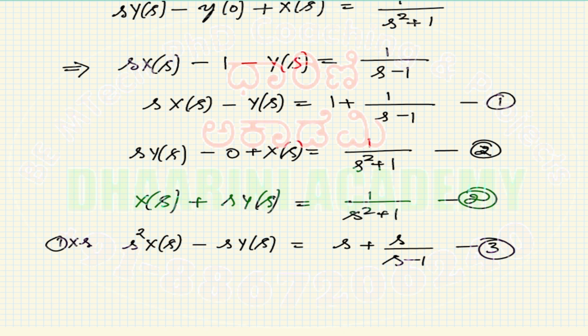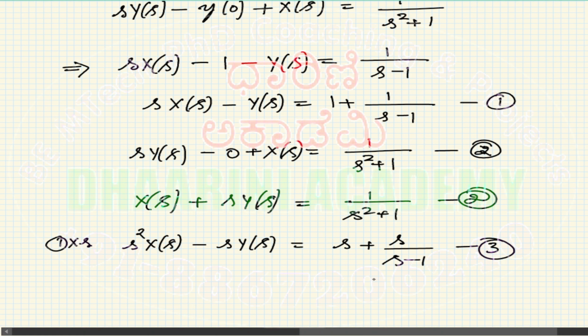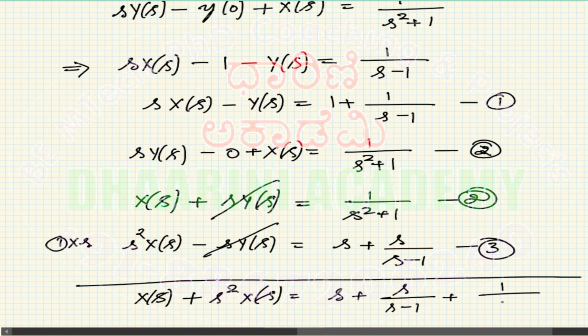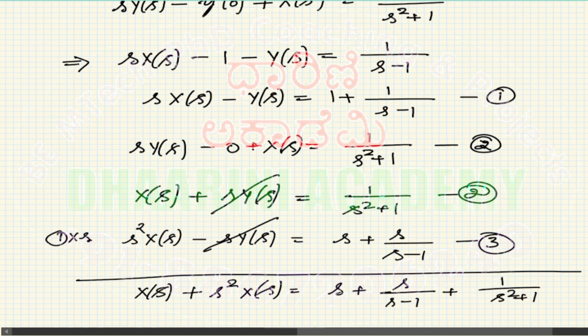Okay, right, now you can add equation 2 and 3. So this cancels. So this is x of s plus s square into x of s equals s by s minus 1 plus 1 over s square plus 1.